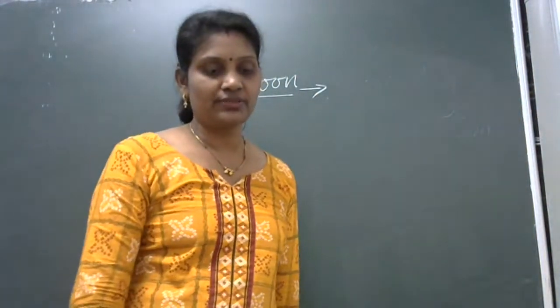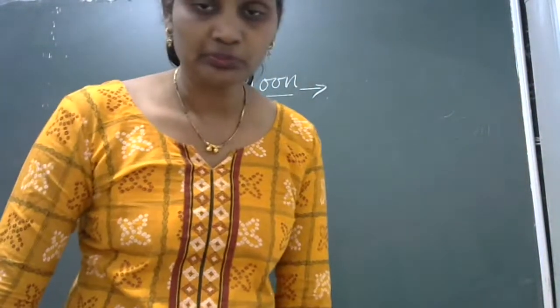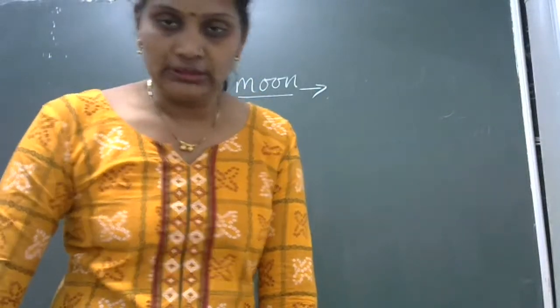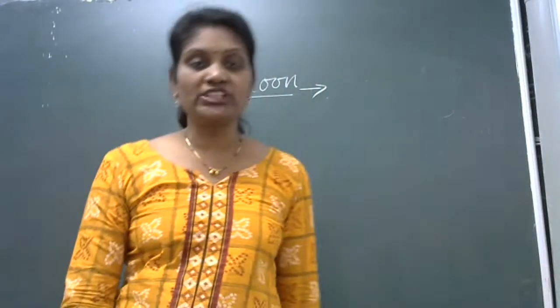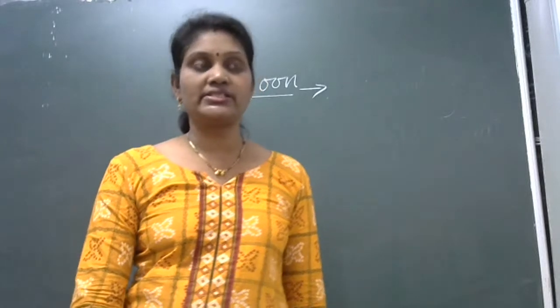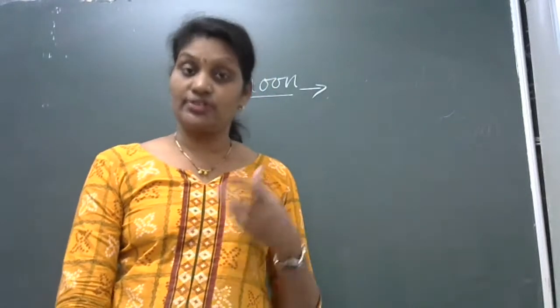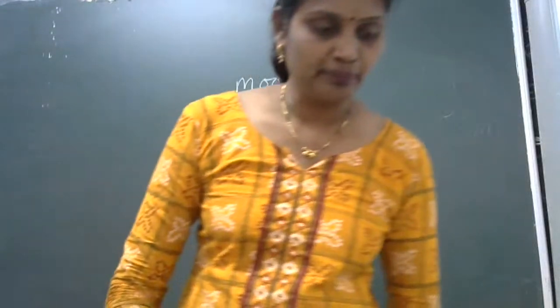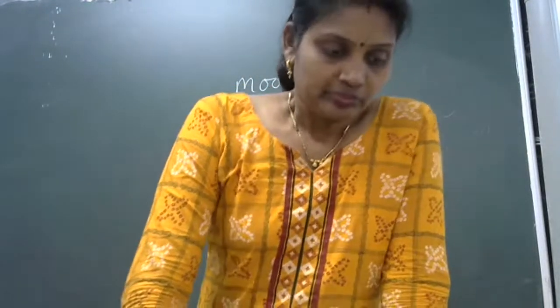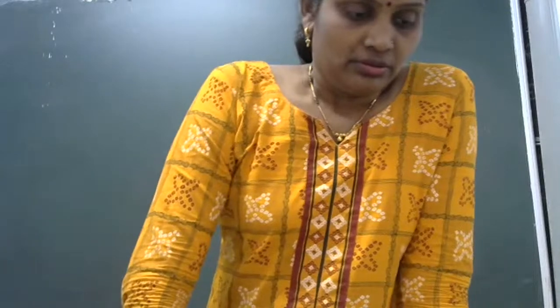See students, first of all, तो ये डिफरेंस है. मून इज नॉट अ सोर्स ऑफ लाइट. It cannot emit the light. It can just reflect the light. Okay, now observe the moon continuously for several nights, preferably from one full moon to the next.